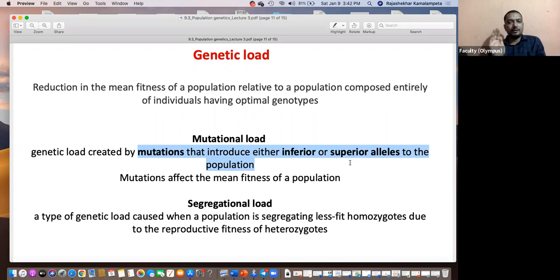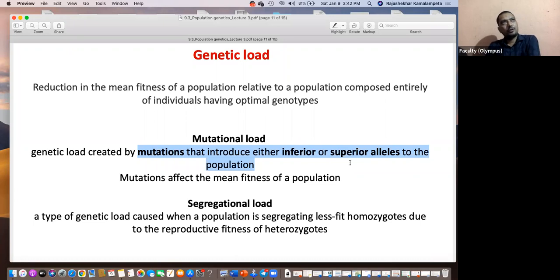Usually a mutation that affects the reproductive ability, or even reduces fitness and can cause death, leads to mutational load. So load happening because of mutation is called mutational load. Nothing complicated. Here the load is happening because of the mutation, a sudden heritable change in the DNA sequences.